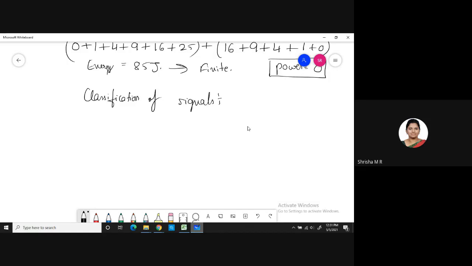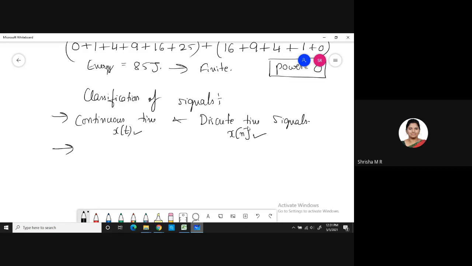Okay, so we have classified signals into different types of continuous time and discrete time signals. This is a basic classification of signals. You'll be using it throughout this course. You'll be having problems on continuous time as well as discrete time. So continuous time we represent as x of t, and discrete time we represent as x of n.